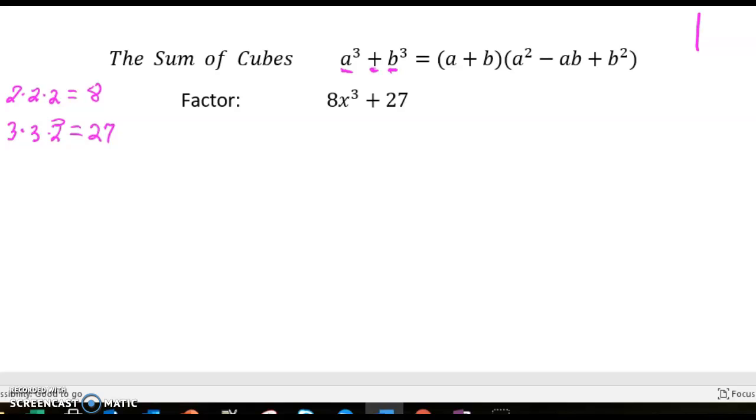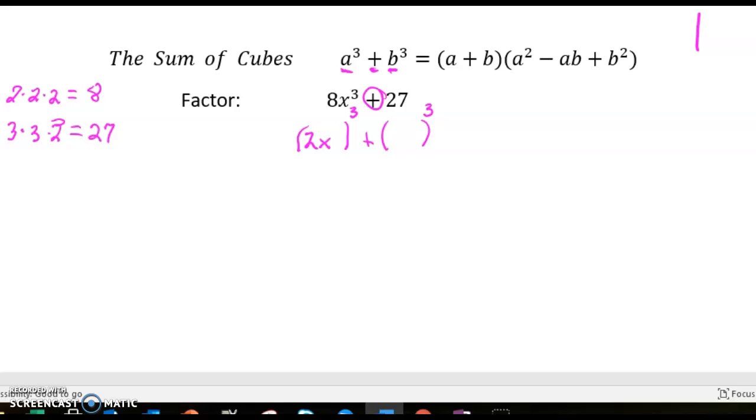To factor the sum of perfect cubes, we first rewrite the problem. We think to ourselves, what cubed would give us 8x cubed? That would be 2x. 2x times 2x times 2x is 8x cubed. We rewrite the 27.